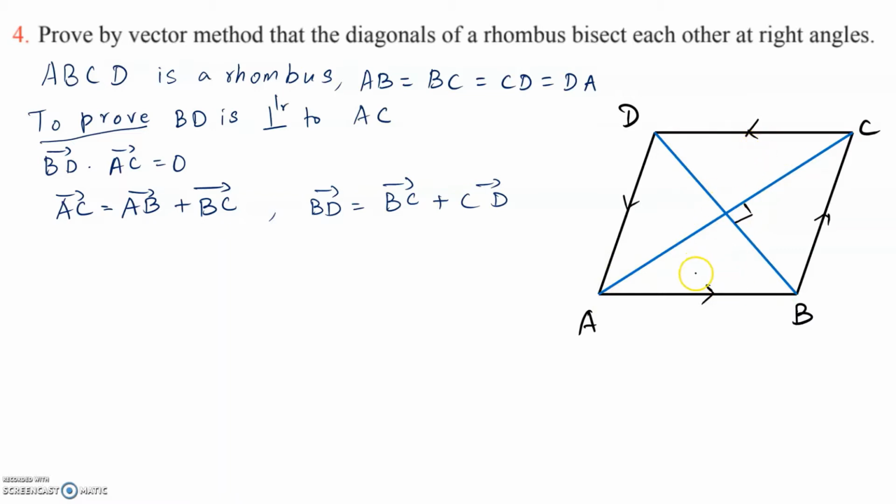So the magnitudes of AB and CD are the same but in the opposite direction. Therefore, we can say BD is equal to BC minus AB vector, since CD vector is equal to minus AB vector.